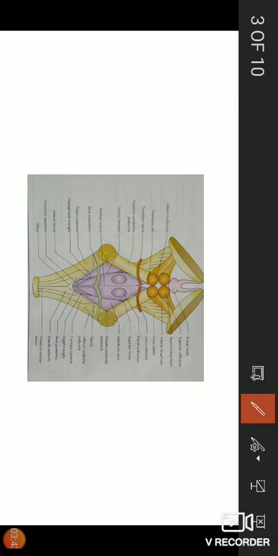The second level we will take is at the level of the nucleus gracilis and nucleus cuneatus, almost at the apex. The third level we will take is at the level of the floor of the fourth ventricle. And the fourth level, the uppermost level, is just at the base of the triangle.